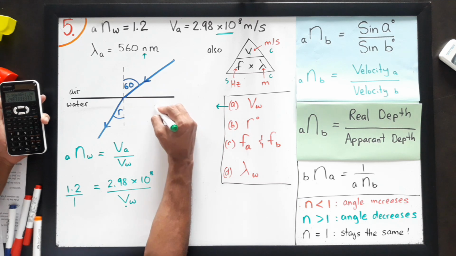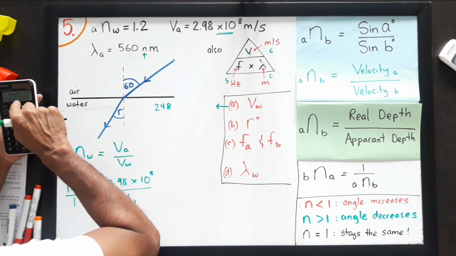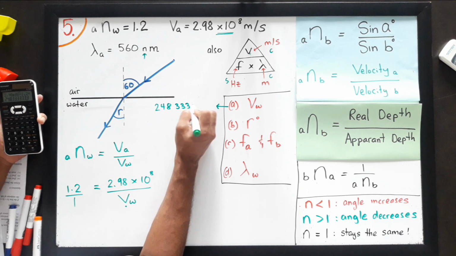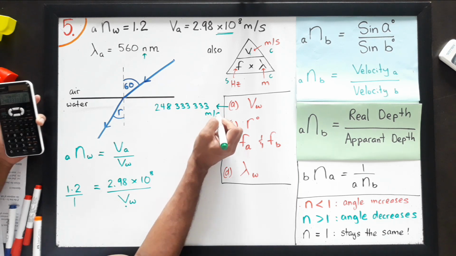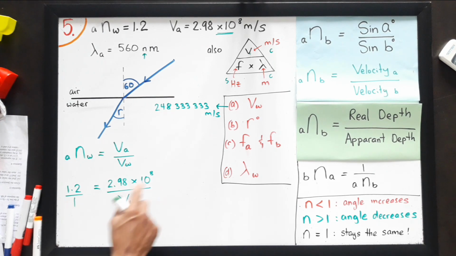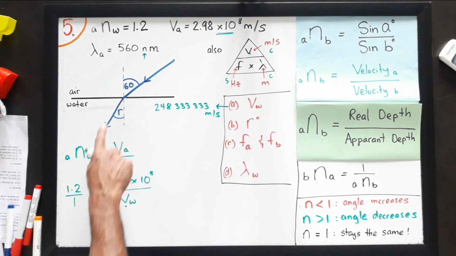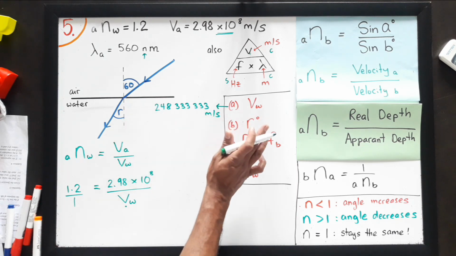The answer for this one will be 2, 4, 8, and how many threes? 1, 2, 3, 4, 5, 6, meters per second. So this is the velocity in meters per second in the water. If you got something looking like this, you did it correct.